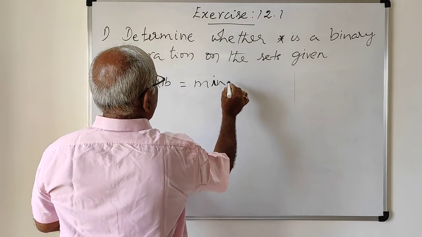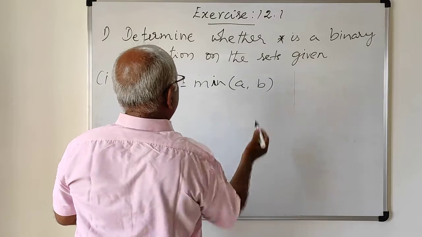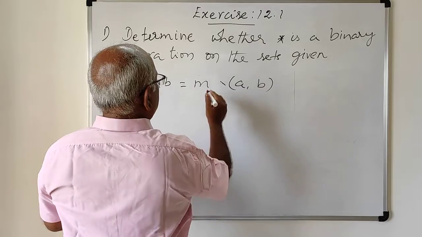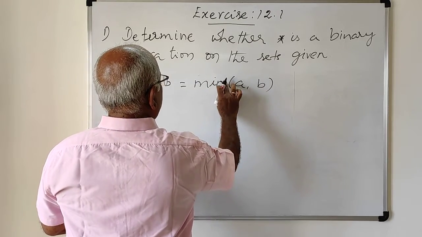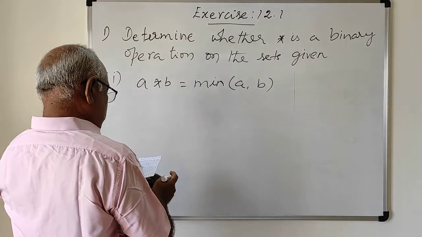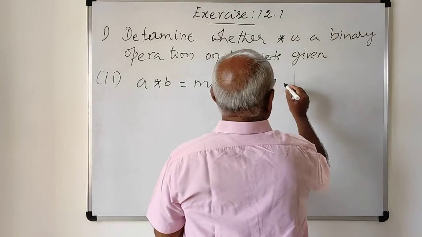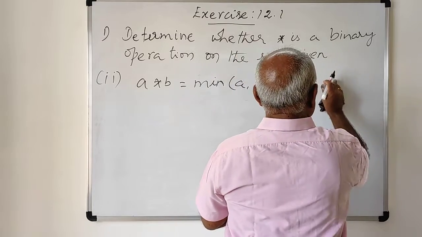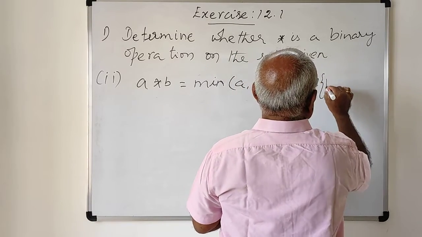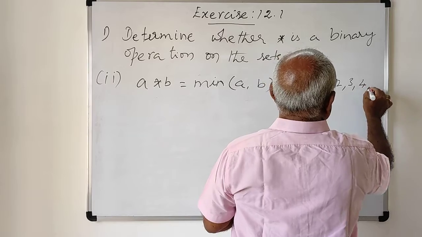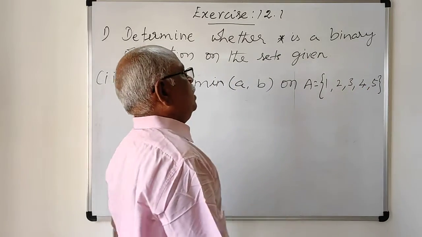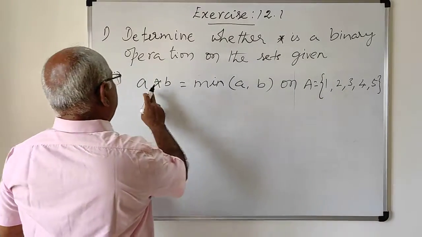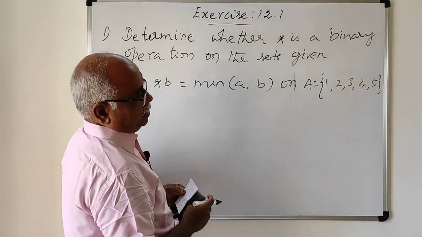A star B equal to minimum of A comma B, on the set A given by 1, 2, 3, 4, 5. A star B is given by minimum of A comma B.